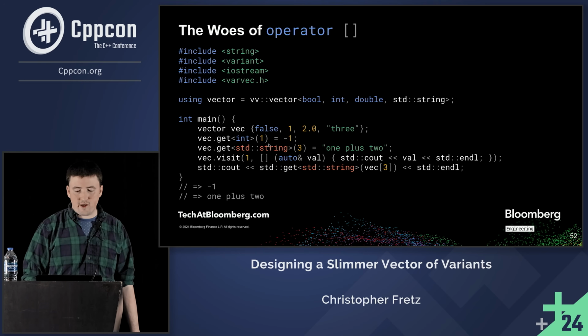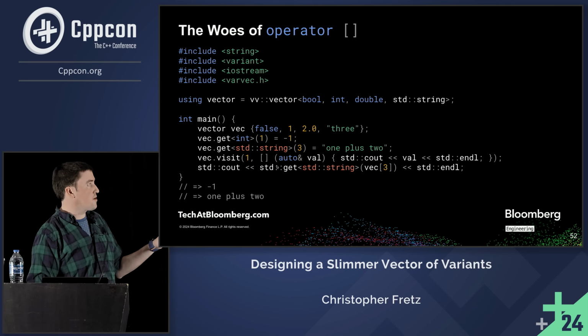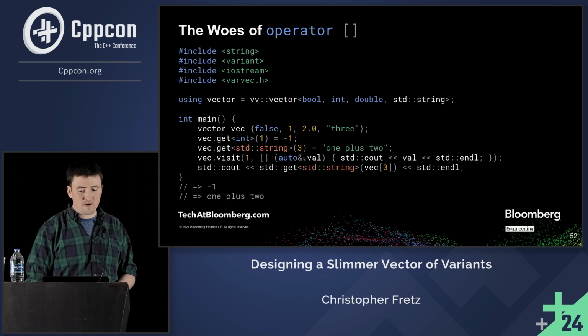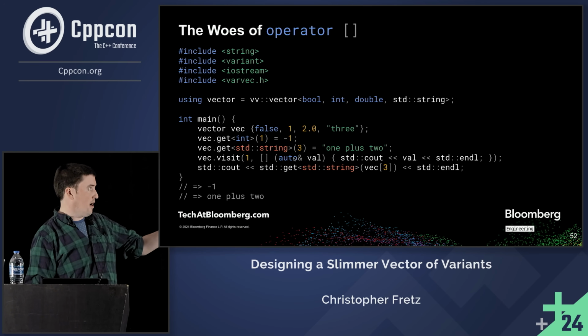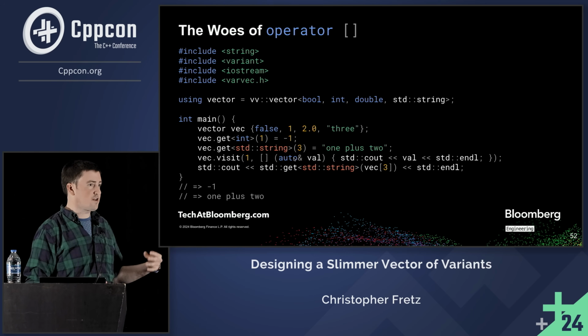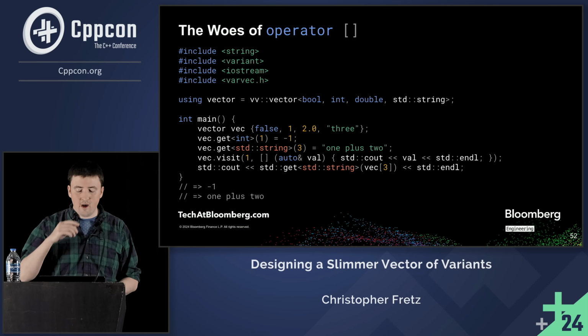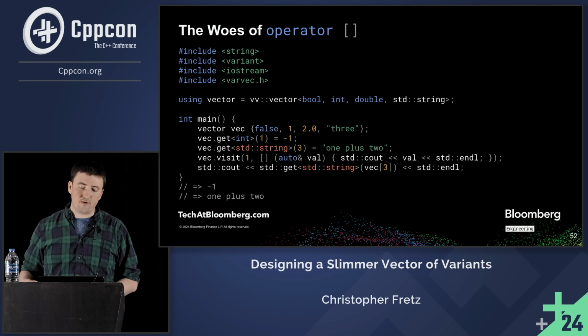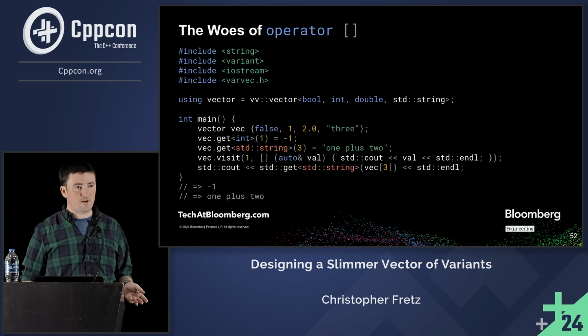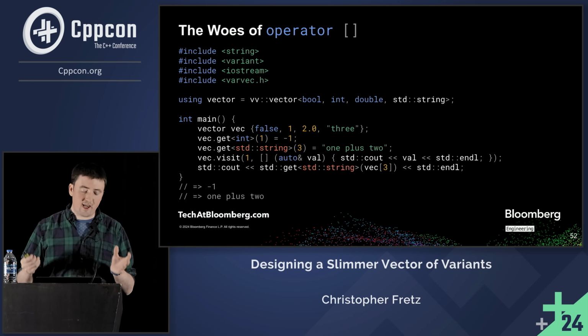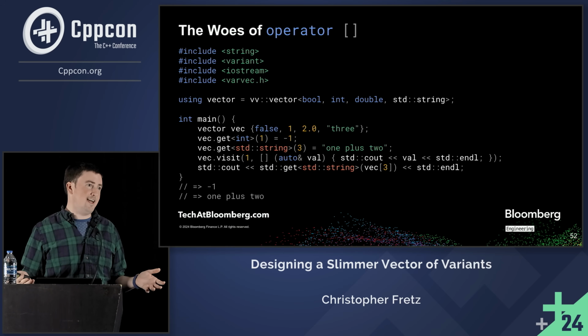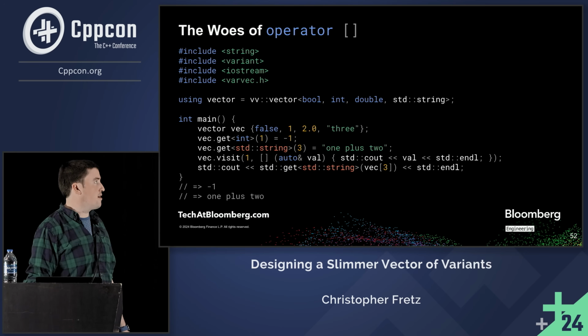And so this allows in-place mutation, same with string. And with visit, you can still do this without knowing what the type is because that auto ref is actually a real lvalue reference. I'm again exporting out the actual thing that I'm storing. And so you can mutate through visit, you can mutate through get, and it works the way you expect. But again, the thing that's really unfortunate to me is that I can't make the subscript operator assignment fail.